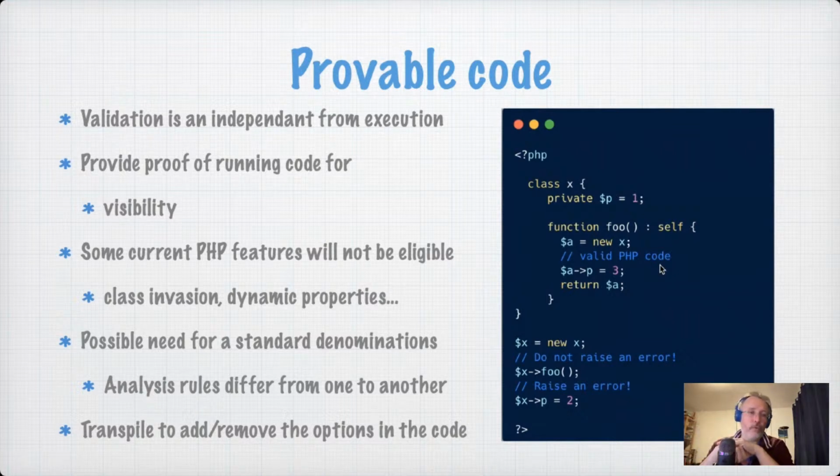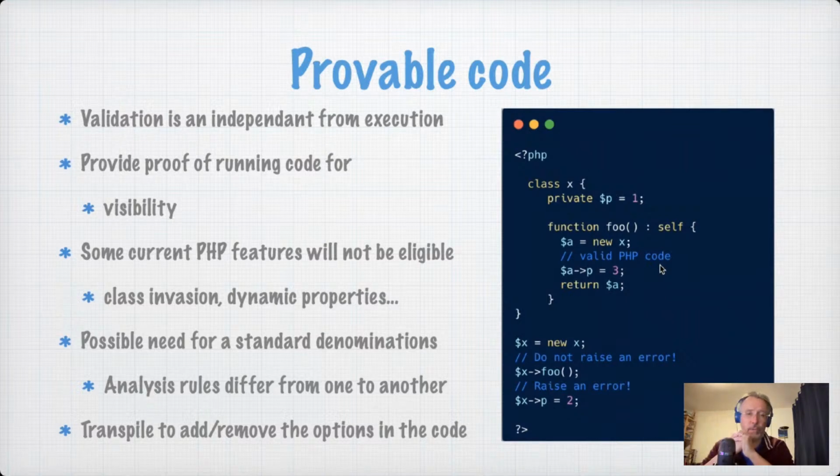You should also avoid using class invasion. This is exactly the example on the right: class invasion is when, within a file, you can access private properties or methods on an object as long as you're also executing inside the same class. So here the A variable, even though it's private, we can change the value inside the class, but not outside.